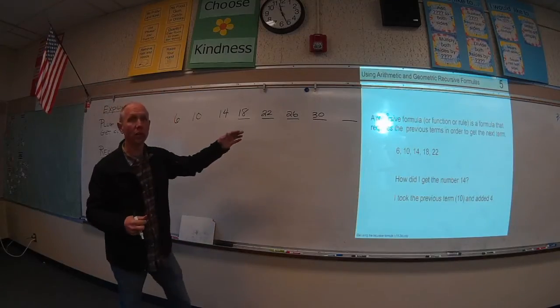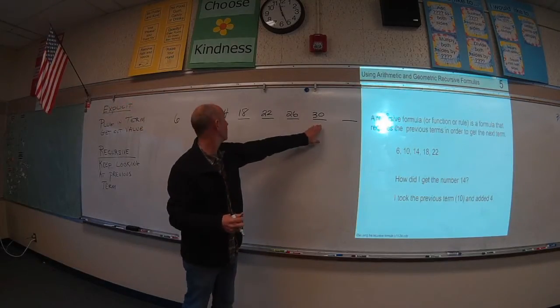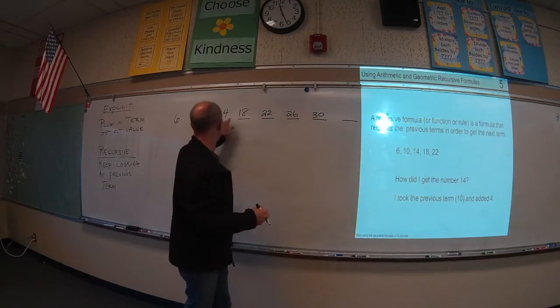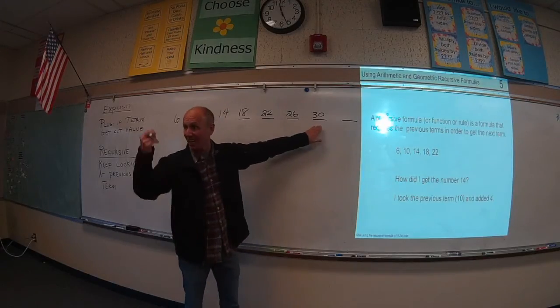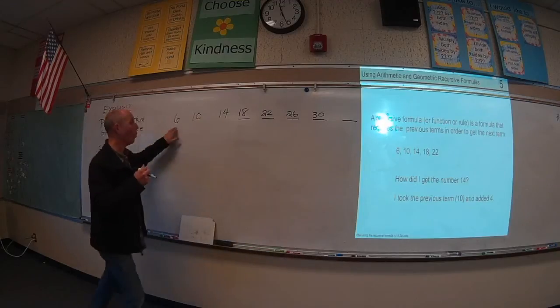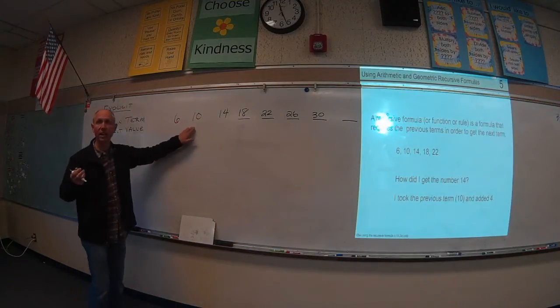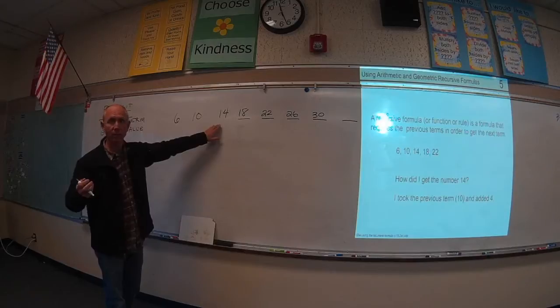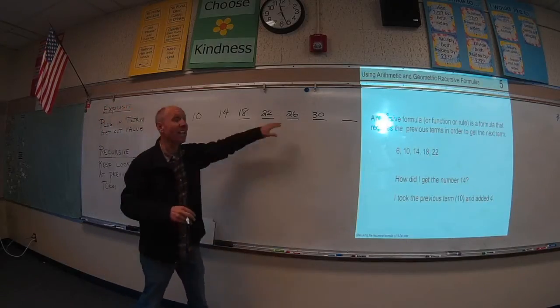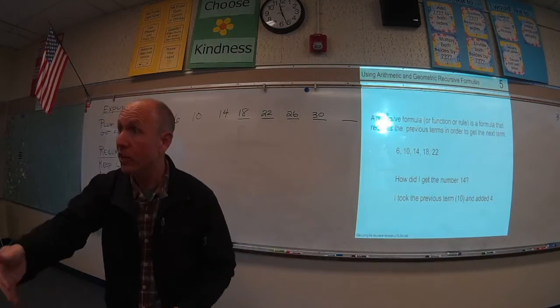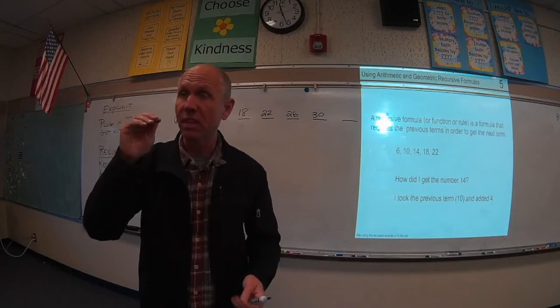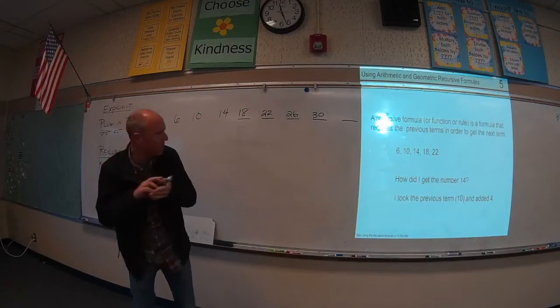Explicit, I could have just thrown in a 7. Is that the 7th term? Throw in a 7, get out 30. Throw in a 1, get out 6. Throw in a 14, or throw in a 3. That's explicit. Throw in a value, get a value out. You can do it totally in isolation.